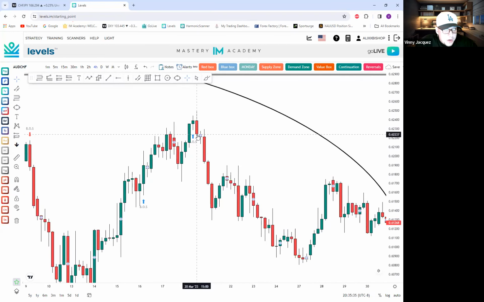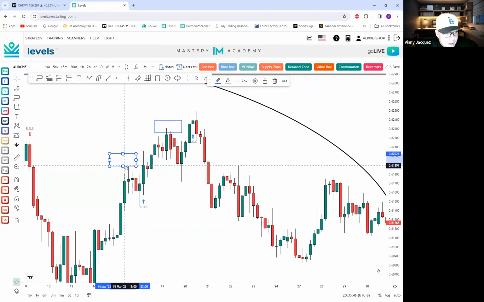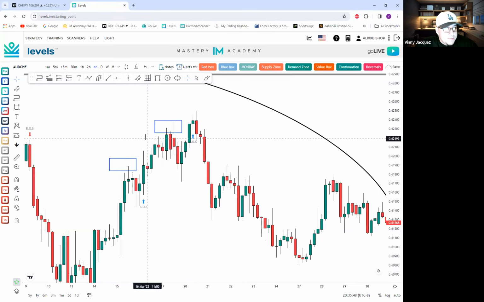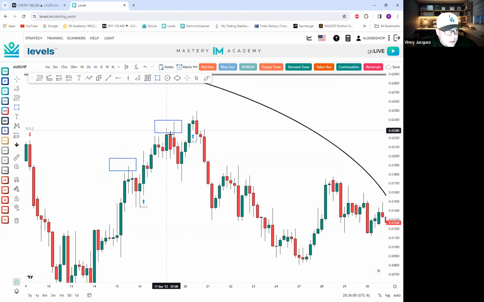We have a blue arrow here, which means there should be a blue box over here somewhere. So now, where's my starting point that gave me this rally breakout? And it's this one right here. Let's actually use this.